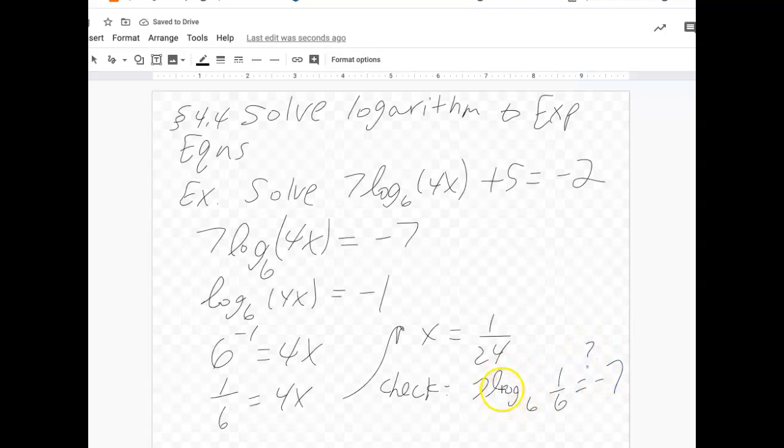If you evaluate log base 6 of 1/6, this is -1, and so -7 is -7, so it checks. Again, you want to get into this habit of checking your answers for logarithms.